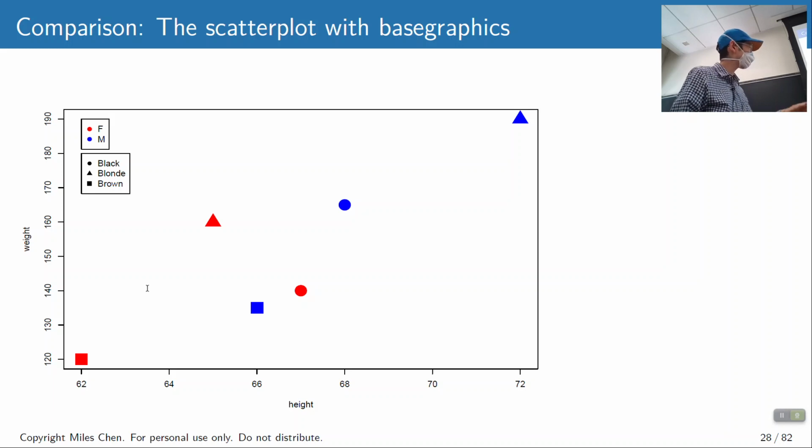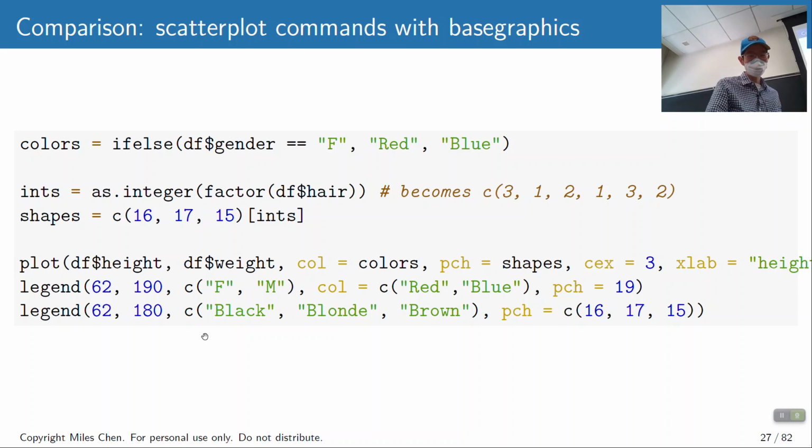We have height on the x-axis, weight on the y-axis. We've got hair color and gender represented here. Has anyone tried to create a legend in R's base graphics? Was it a fun process? Probably not, right? Creating legends in R is notoriously tedious.